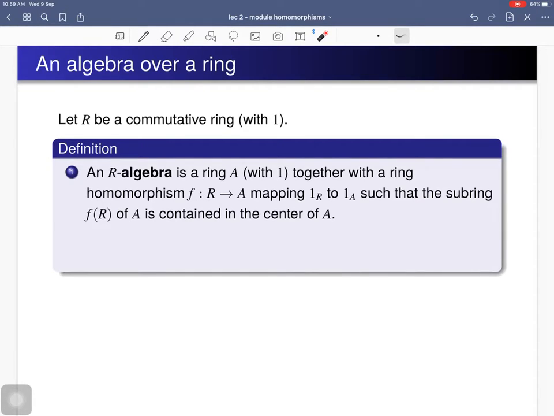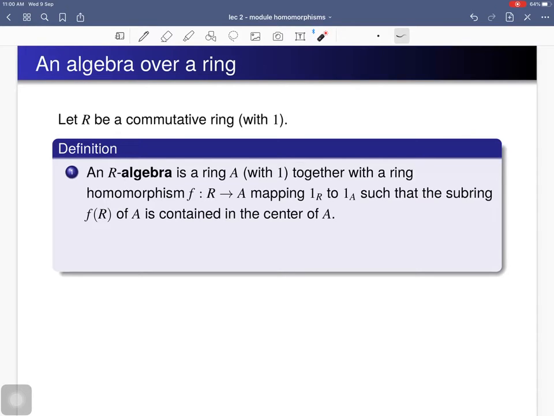By definition it is a ring A with identity element together with a ring homomorphism from R to A, such that the identity element of R maps to the identity element of A, and also the subring, that is the image of this map, is contained in the center of A. So what I mean here is that an R algebra is nothing but a combination of both ring structure and module structure.